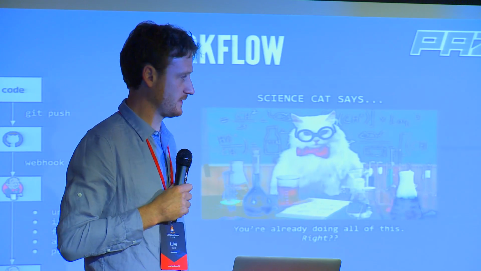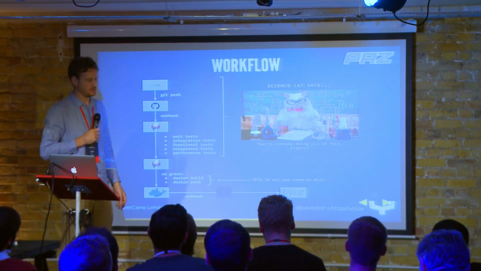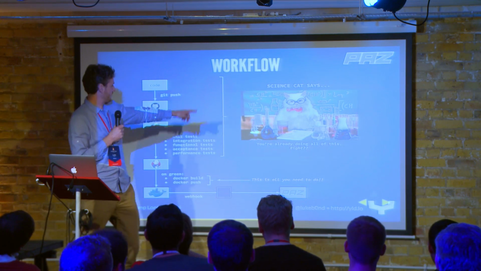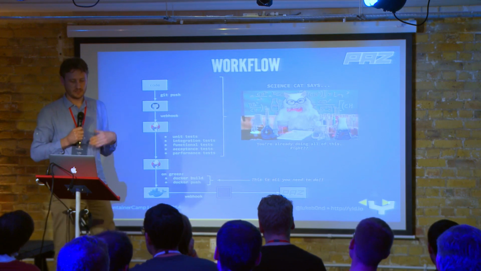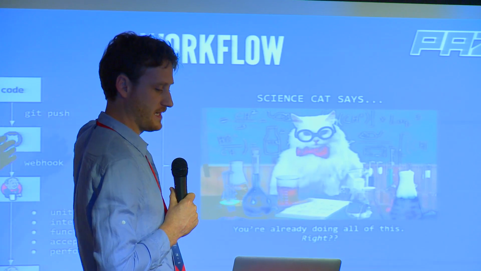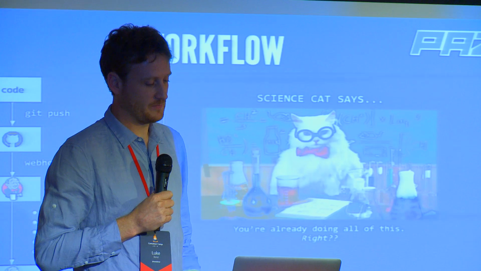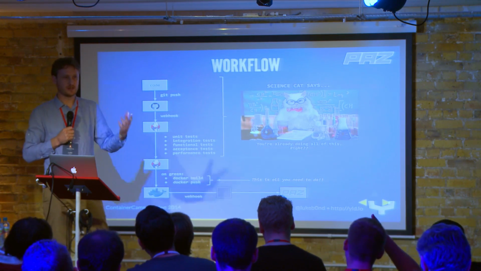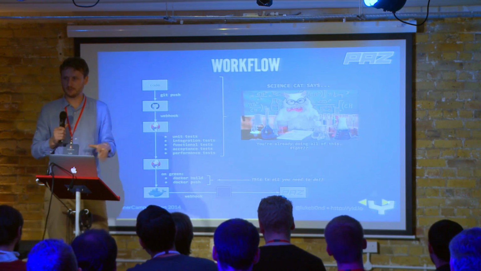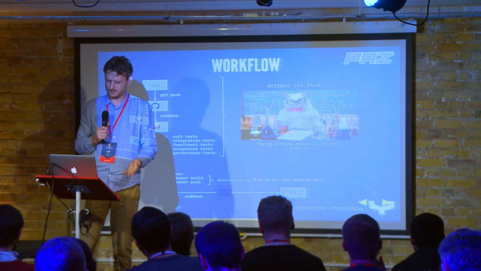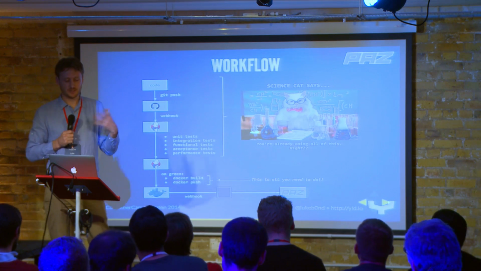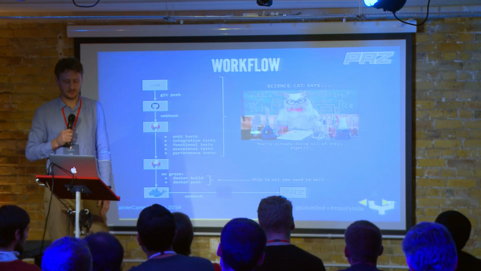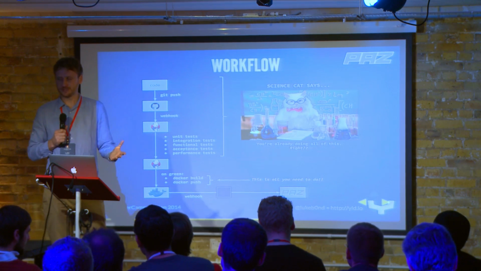Okay, so on this workflow, let me try to put together a picture of what I'm getting at. This little brace here is showing what you already do, right? As Science Cat says, you're already doing this. Basically, you do a git push to GitHub, the webhook is triggered, and your CI runs all these amazing tests, and that's all solid, right? PaaS doesn't solve this for you. This is something you're already doing, of course. But then on top of this, when everything's green, whatever that means to you, you do a Docker build and a Docker push.